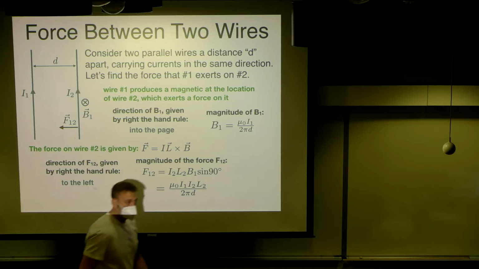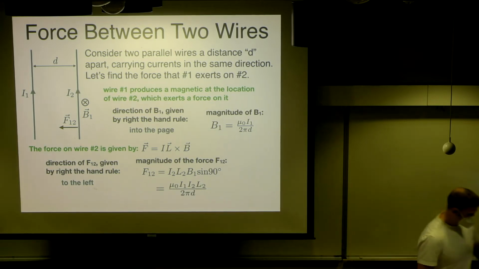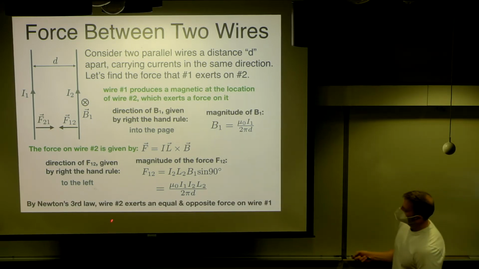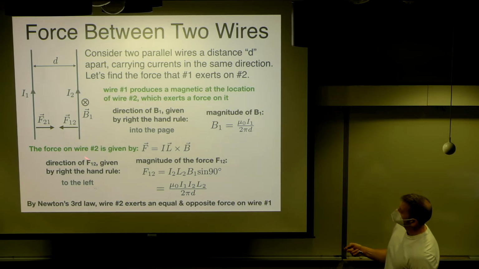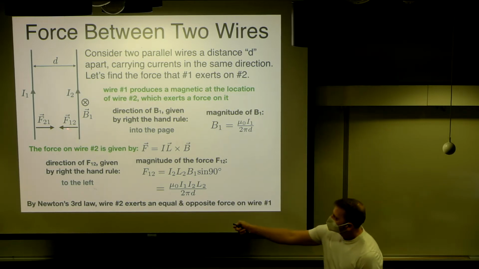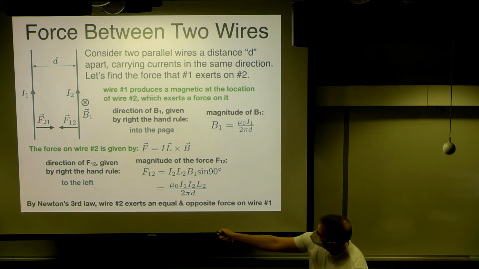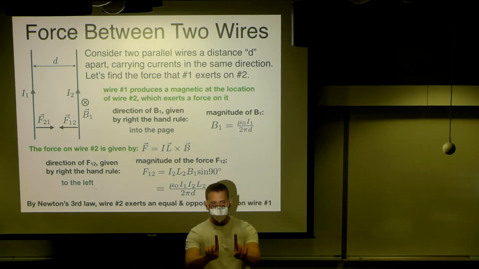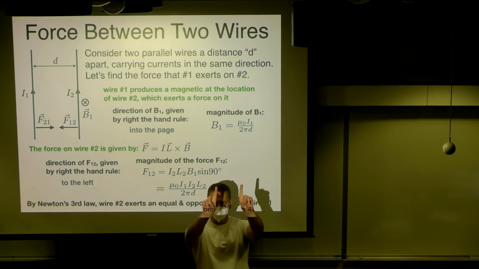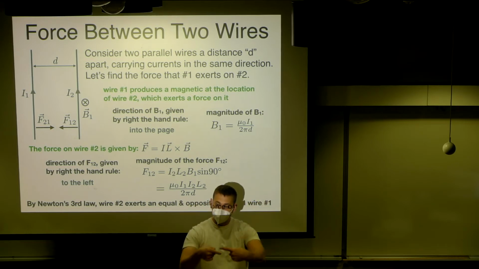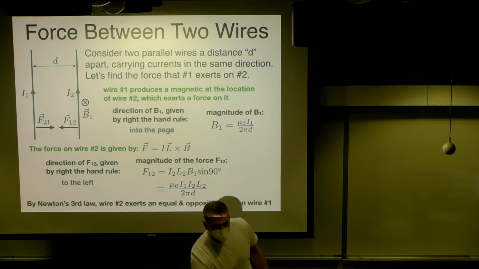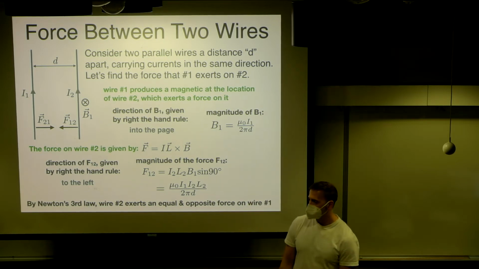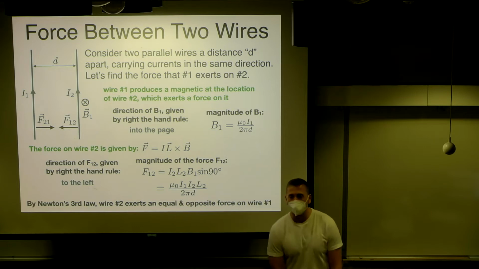That's basically the third law, if you recall, okay? So by Newton's third law, wire number 2 exerts an equal and opposite force on wire number 1. So I'm calling that force up here F21. So what's the takeaway? We've got 2 parallel wires. They've got currents going in the same direction. They attract each other. They attract each other with a force that we just derived right up here. Okay? So this can be used to calculate that force.